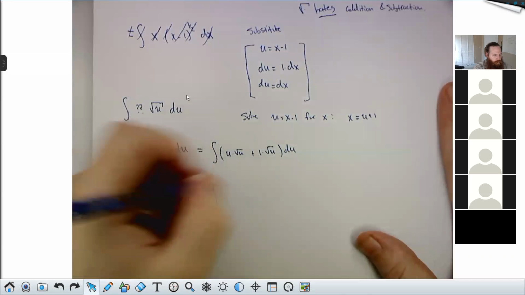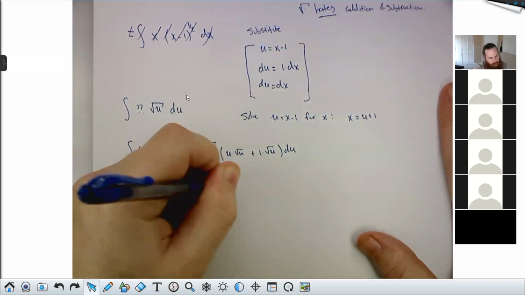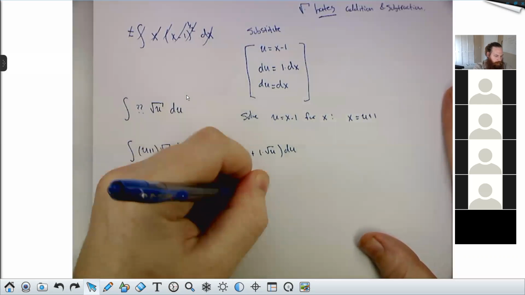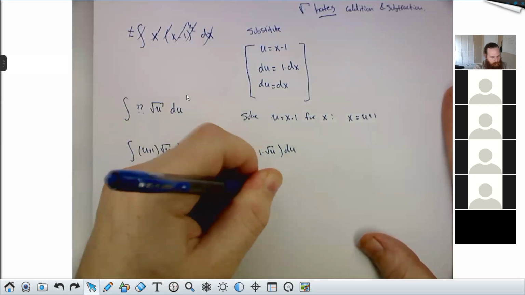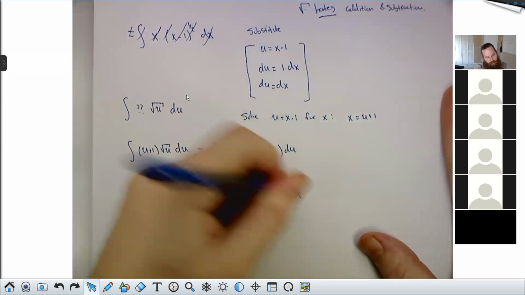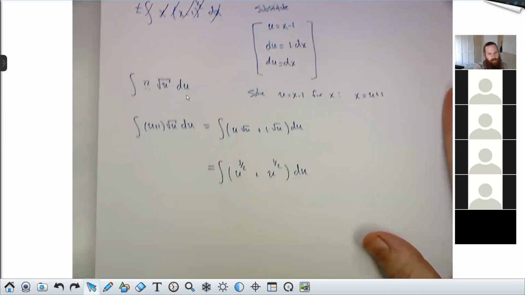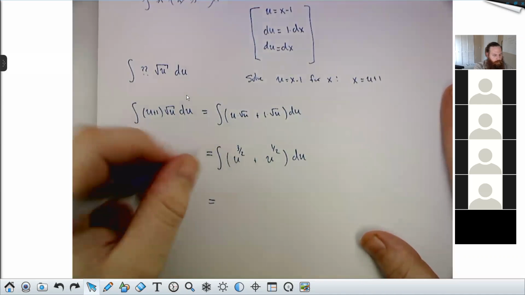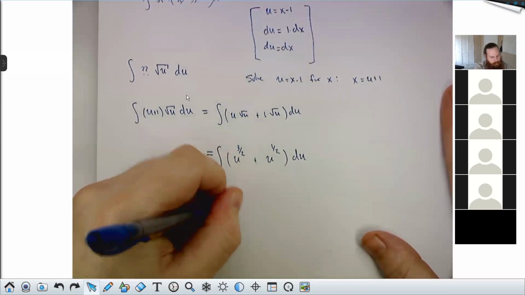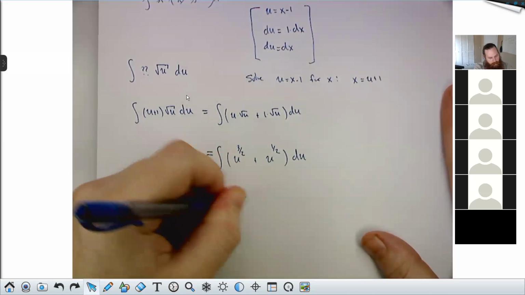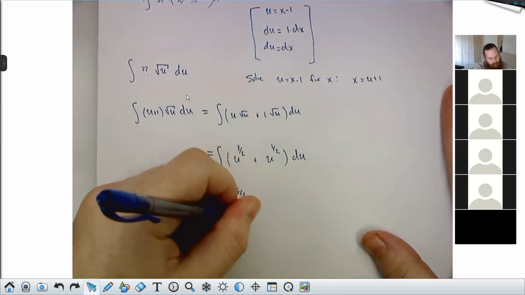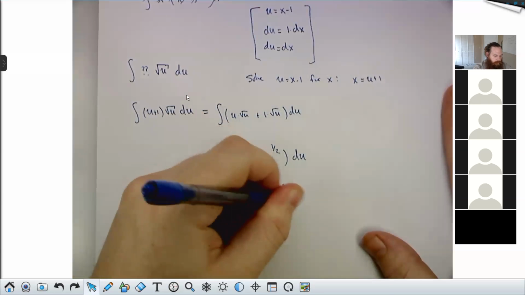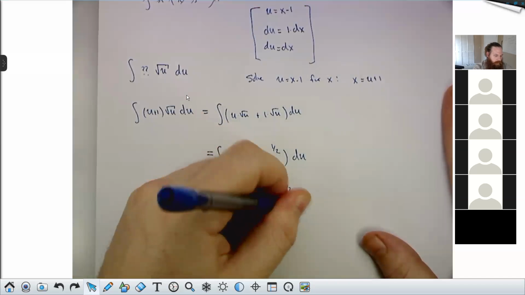U times the square root of u is u to the 3/2, and 1 times the square root of u is u to the 1/2. And now we can use our power rule. If you add 1 to 3/2, that's 5/2. If you add 1 to 1/2, that's 3/2.